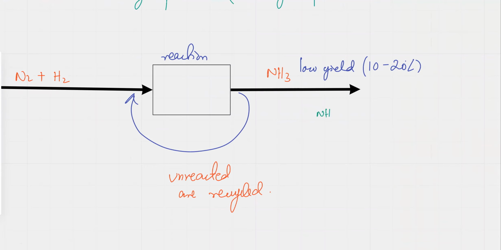So ammonia is cooled, liquefied, and removed from the container. You have to constantly remove the ammonia from the container.